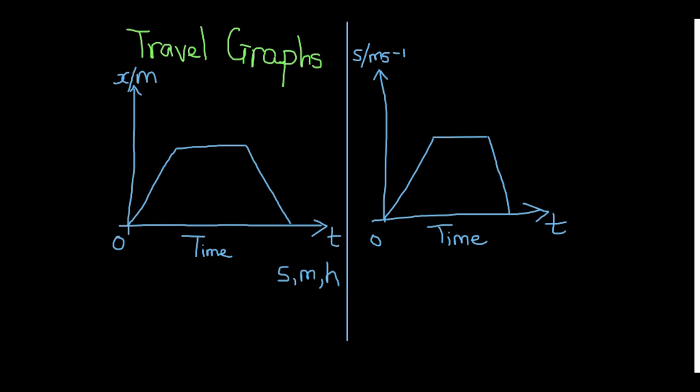Miss, would it be by dividing? Okay, let me just read what she says. So Rihanna is saying dividing the distance by the time or something like that. Yes, dividing the distance by time. So let's just go back to Form 3. You all would have done some basic things in physics. And I believe you all would have learned about the formula for speed and velocity and acceleration, etc. Right?